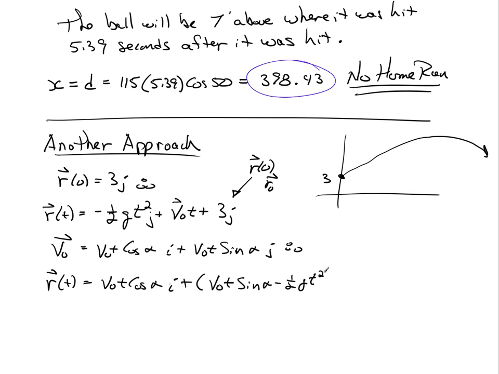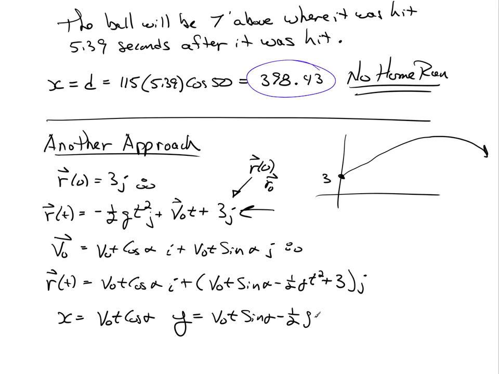This is where I stopped before, but now I have that initial position vector, that initial height, which is simply 3, all of this j. So now the parametric equations give me x equals v naught t cosine of alpha, and y equals v naught t sine of alpha minus 1/2 gt squared plus 3. Now the ball reaches the fence when it travels 400 feet.